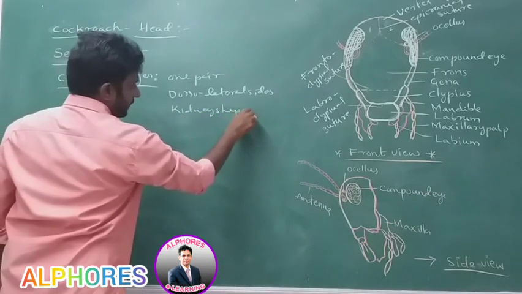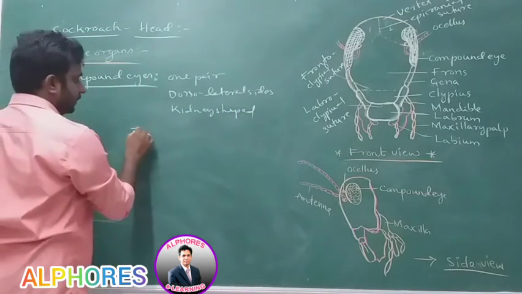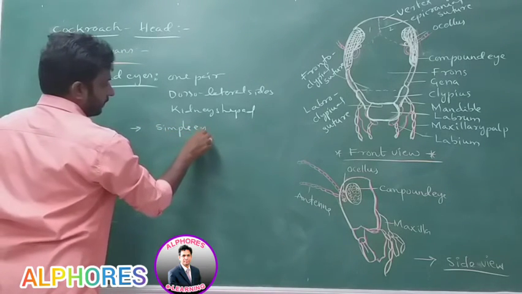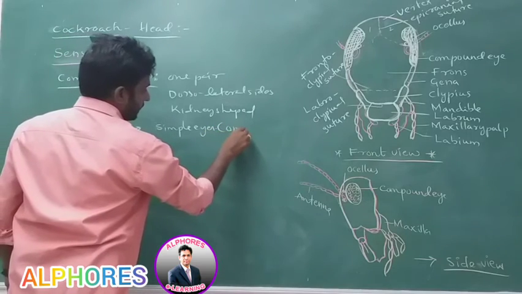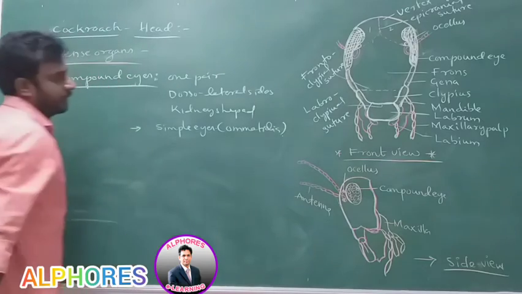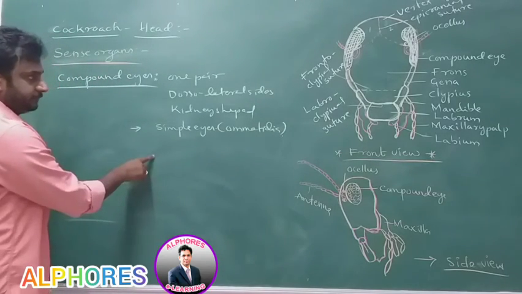Kidney shaped eyes are present, which are made up of simple eyes, also called ommatidia.